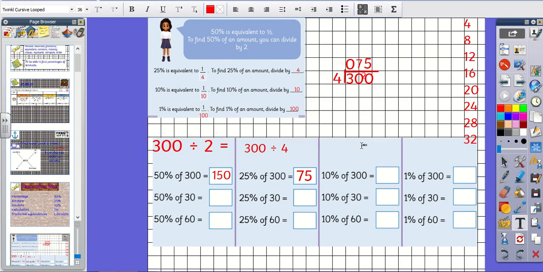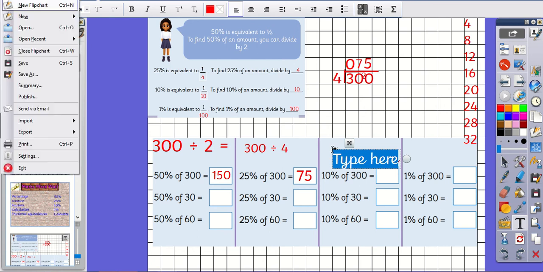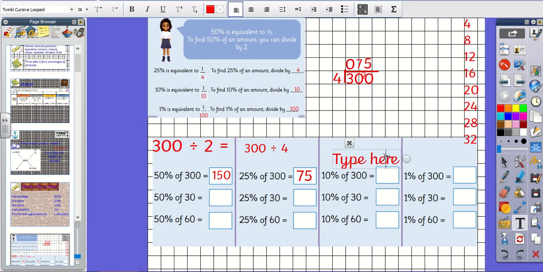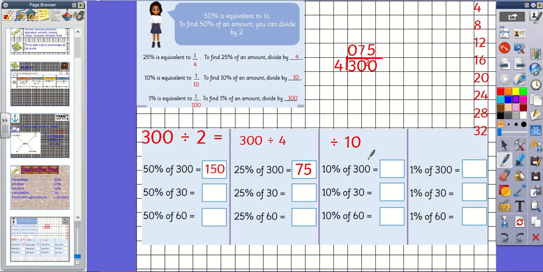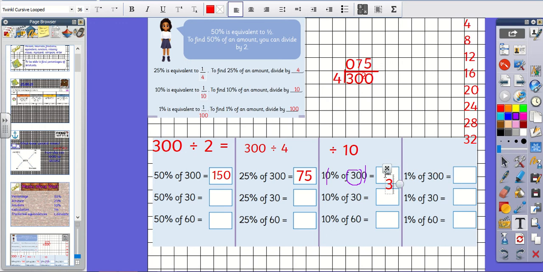Now remember, when we are dividing by 10, if the amount that you are dividing by 10 ends in a 0, then you can cross that 0 out, because as we can show here, you've got a 0 on 300 and a 0 on 10, so that will cancel each other out, and that would be your answer. So the answer for 10% of 300 is 30.